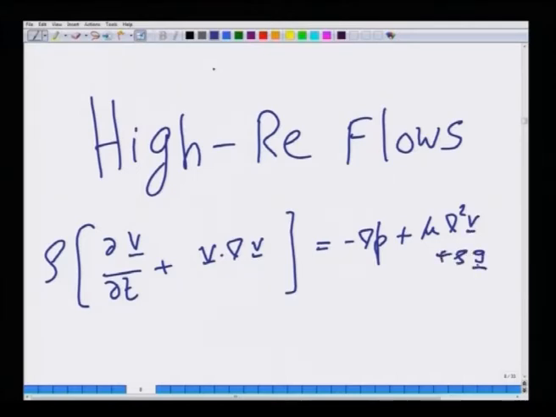So, it is extremely difficult to solve them in a general setting without making suitable assumptions. So, often to gain some insight into a problem, it is useful to simplify the Navier-Stokes equations by neglecting some terms which are at the outset somewhat small compared to other important terms.